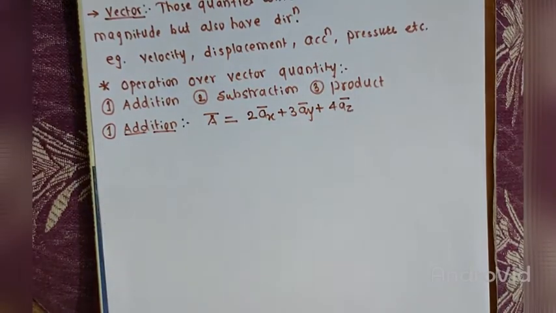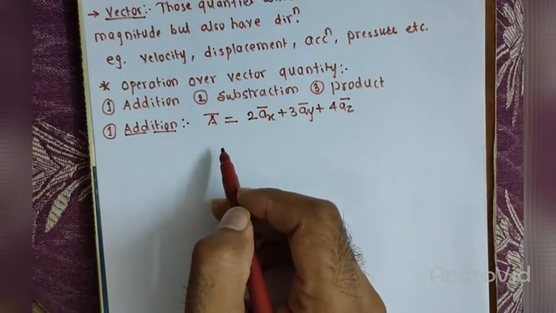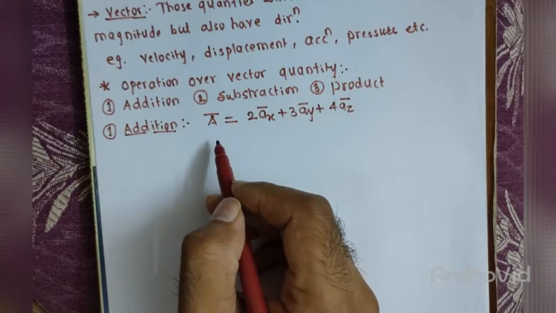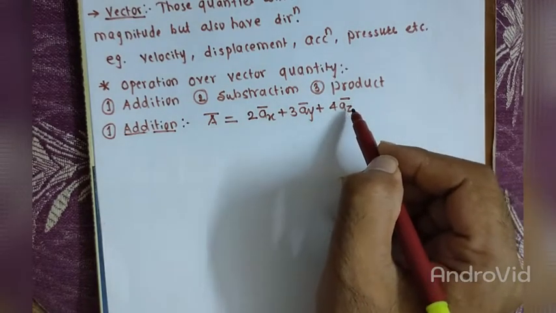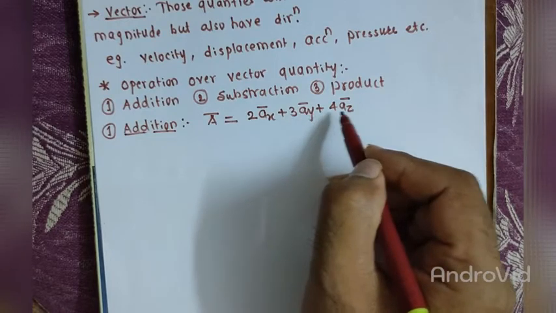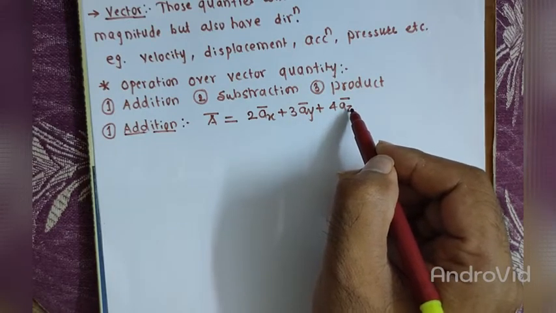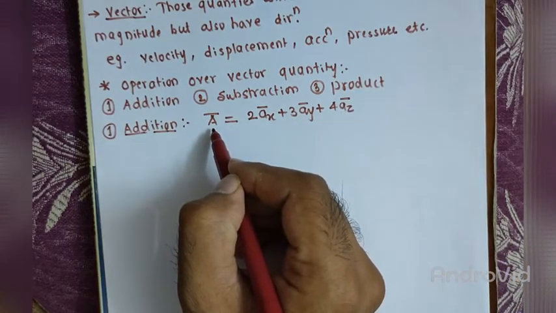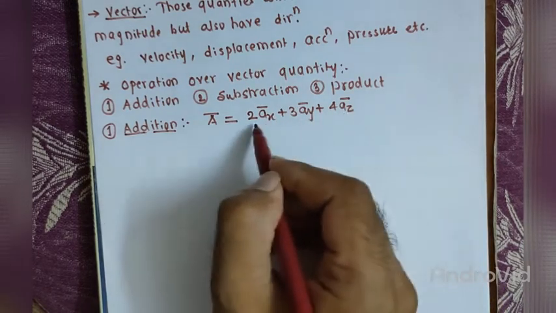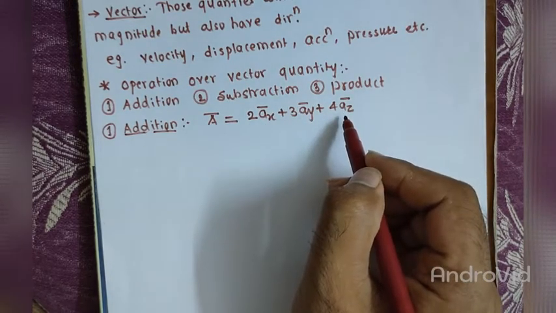Now how can you identify whether a given quantity is a vector or scalar? Always keep in mind, if you see the unit vectors ax bar, ay bar, az bar in the equation, it means the given quantity is a vector quantity, and if these unit vectors are not available, then it is a scalar quantity.